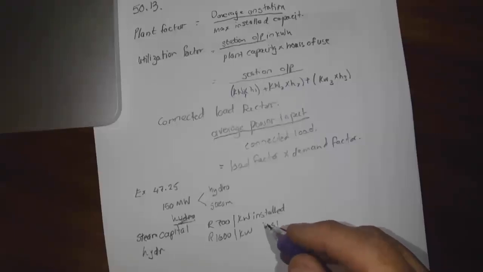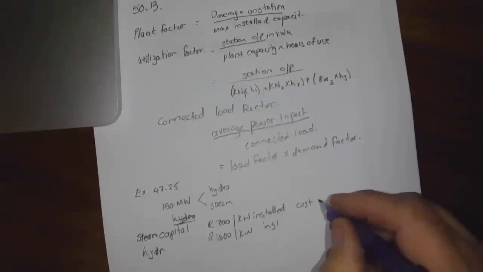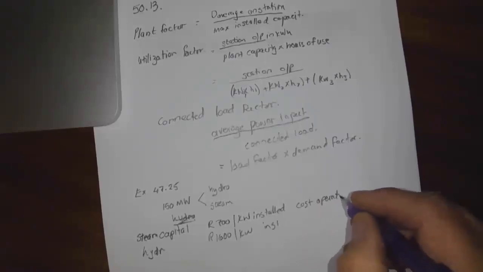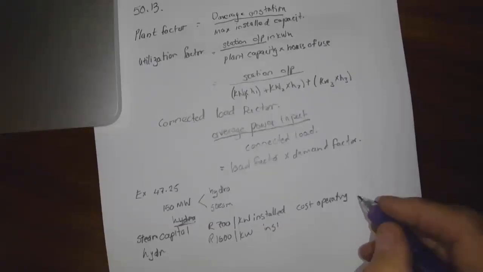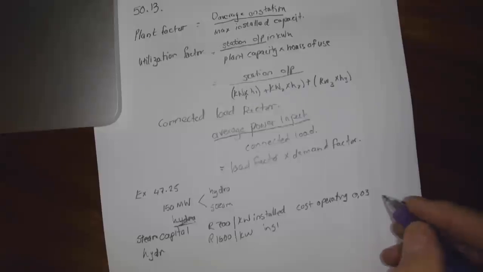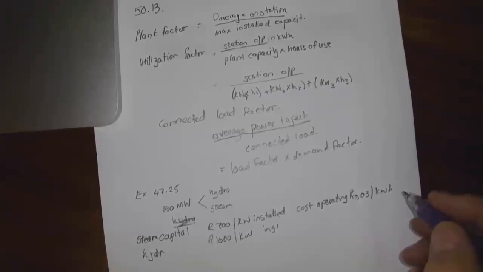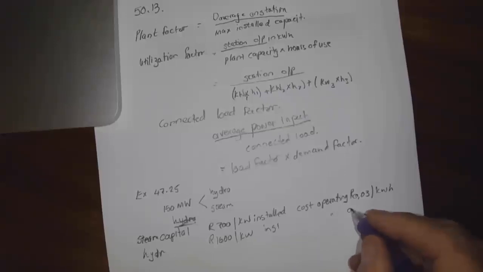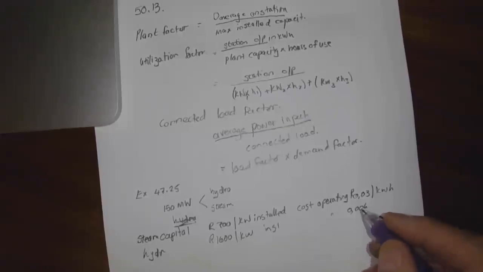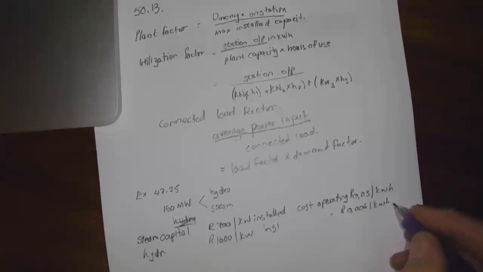Then operating cost is 0.03 Rand per kilowatt hour for steam, and for hydro, 0.006 Rand per kilowatt hour.